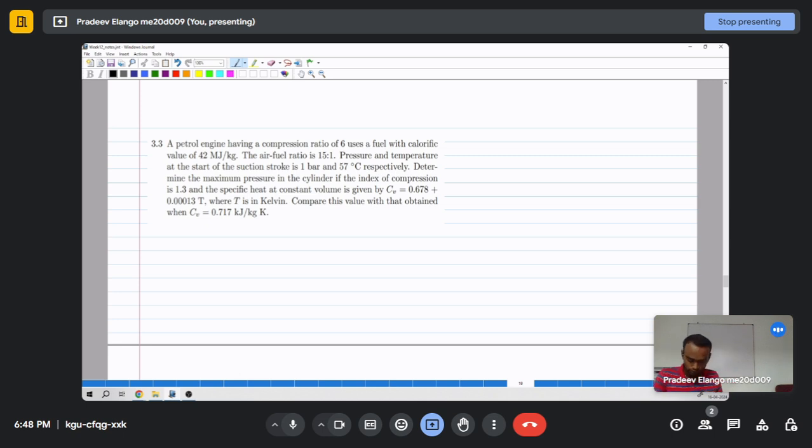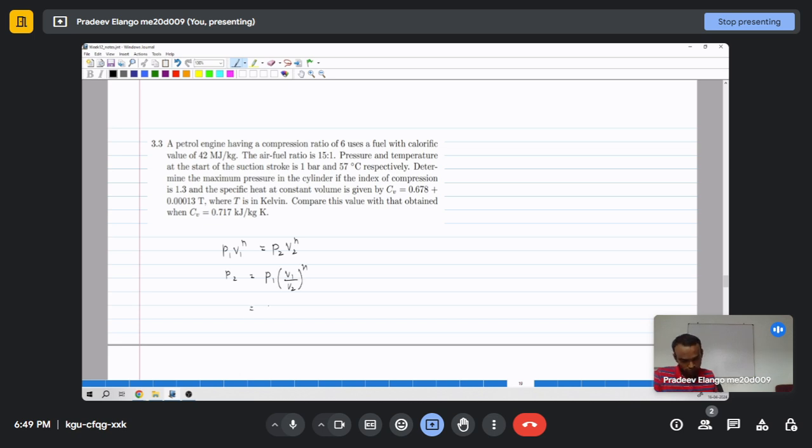So first we can write P1 V1 power n is equal to P2 V2 power n. Here n is 1.3, so P2 is P1 into V1 by V2 power n.